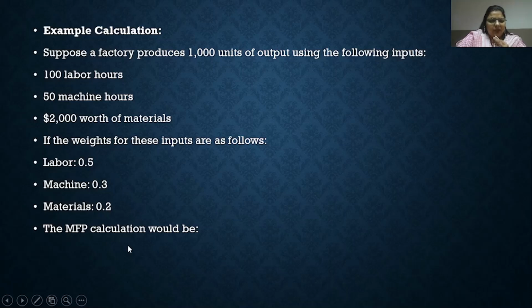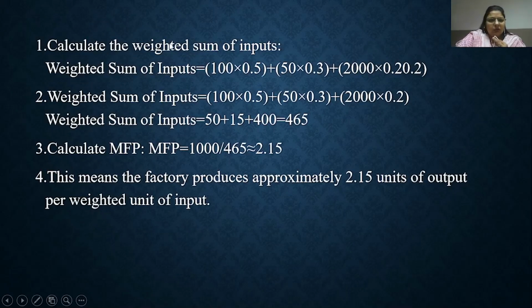The MFP calculated would be: the weighted sum of the inputs is equal to 100 multiplied by 0.5 plus 50 multiplied by 0.3 and 2000 multiplied by 0.2. The weighted sum of the inputs is 465.